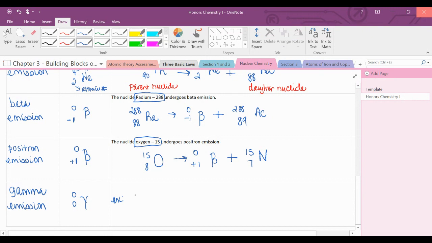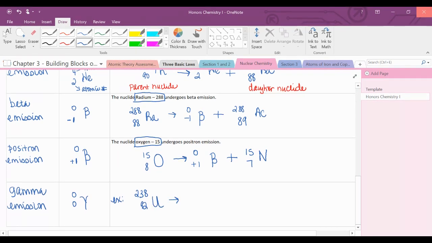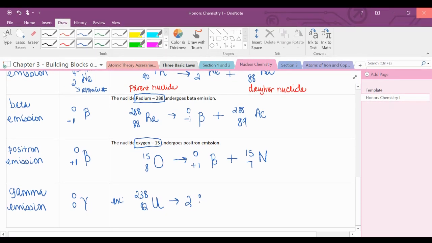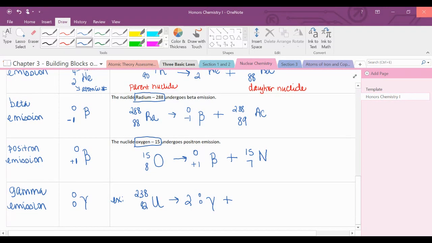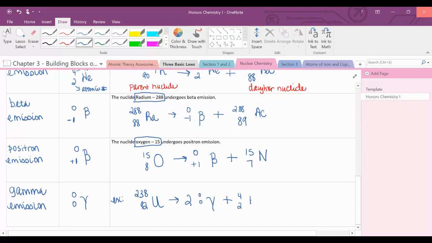So in this case, my parent nuclide is uranium-238. It's going to undergo gamma emission, and actually it gives off 2 gamma particles. This equation also gives off an alpha particle.